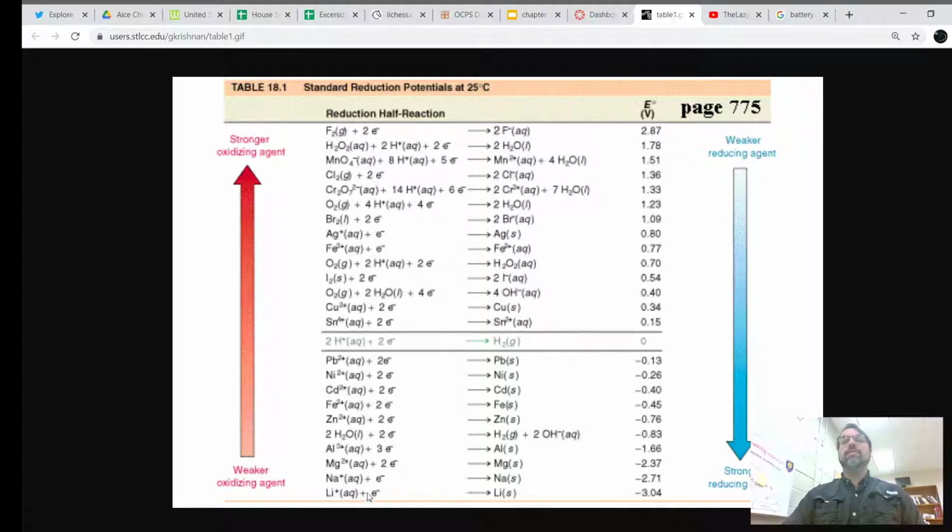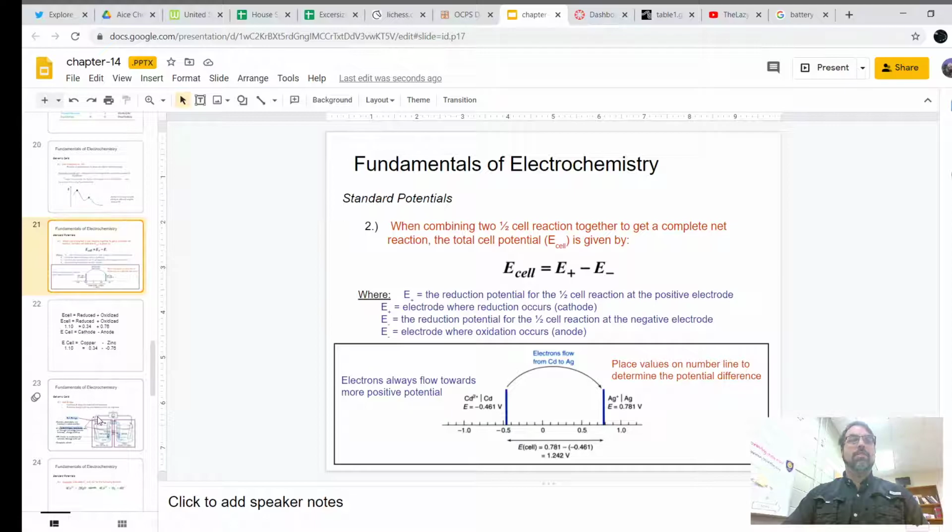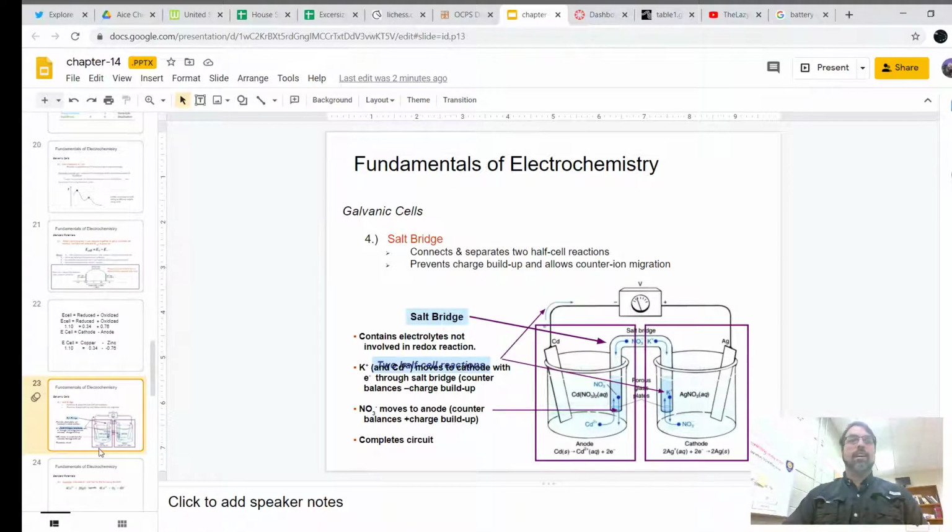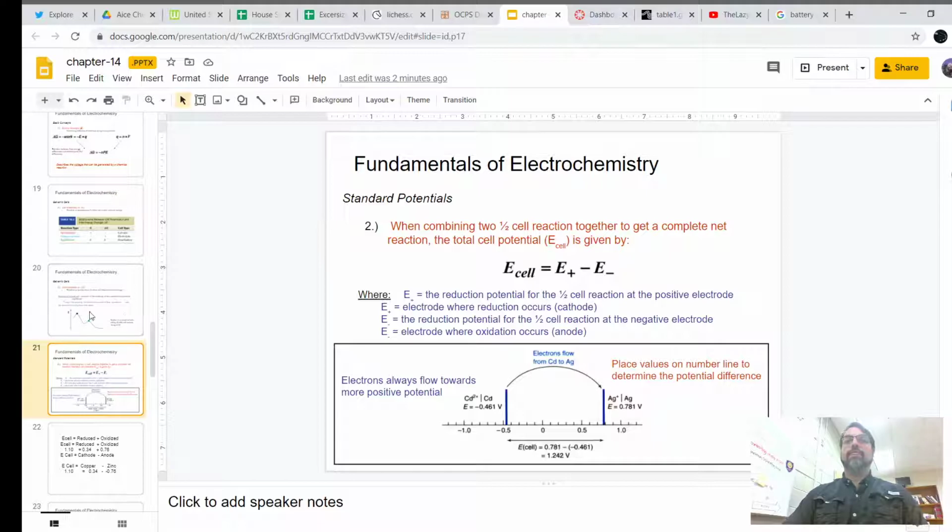This should also explain why, when we think of batteries, we think of lithium-ion batteries. Look at how far down this table lithium is. Lithium makes a great battery because it's so willing to lose its electron to something else. So this is how we work through these cell potentials.